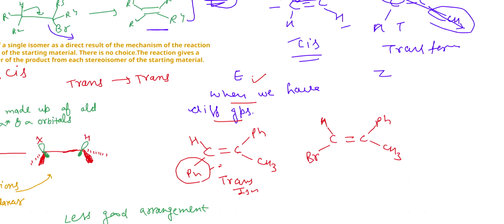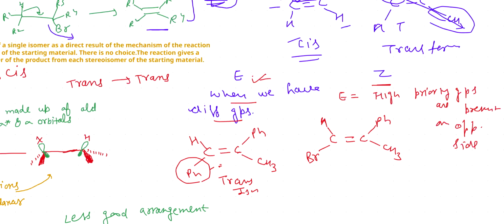In this case, we will assign the configuration E and Z. E is when the high priority groups are present on the opposite side of the double bond. So first of all, check the priority. We will give first priority to the phenyl group because this is a large group; it has large molecular mass.